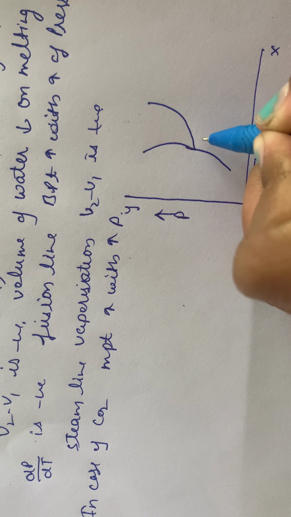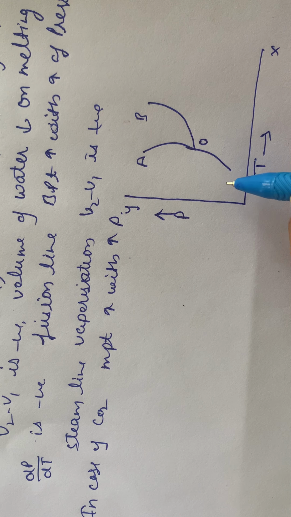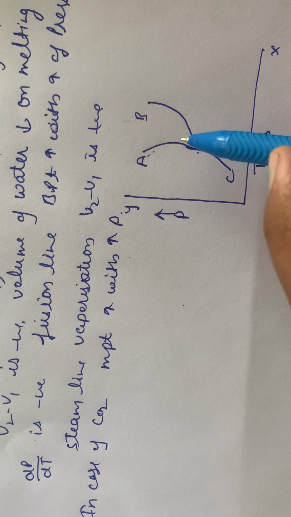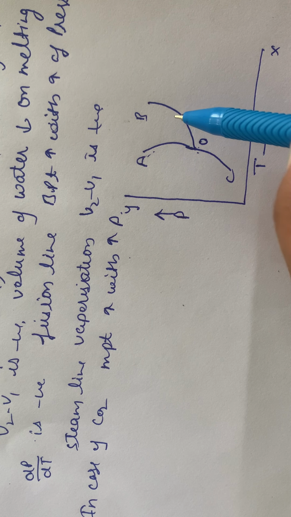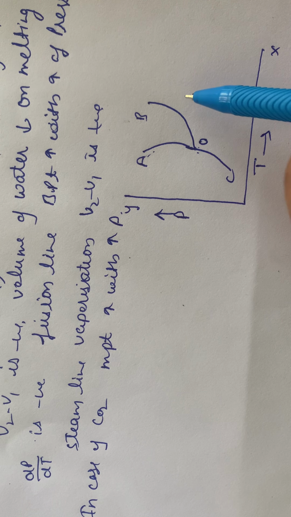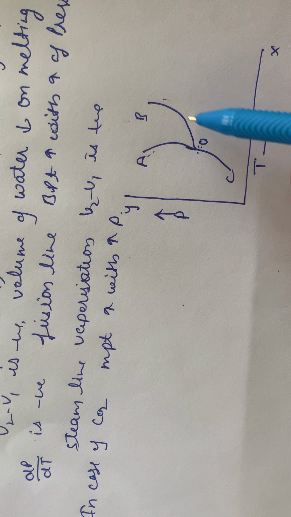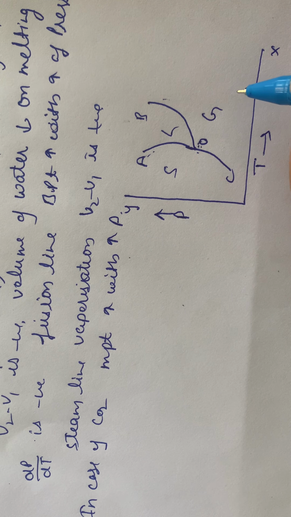This is triple point O, this is point A, this point is B and this point is C. The fusion line AO has a positive slope, meaning an increase in volume on melting.